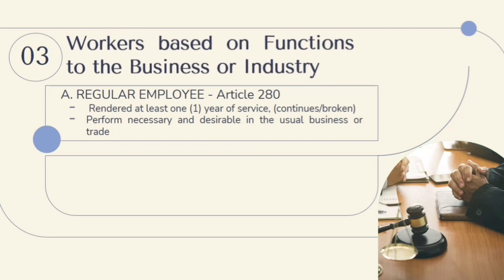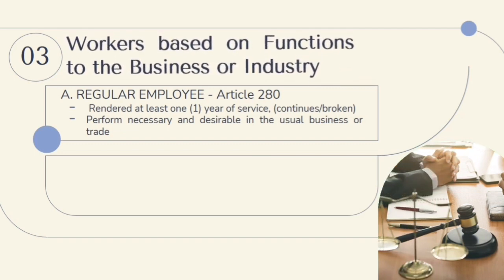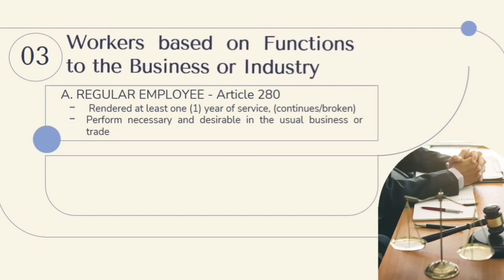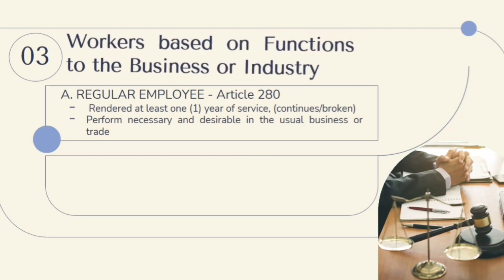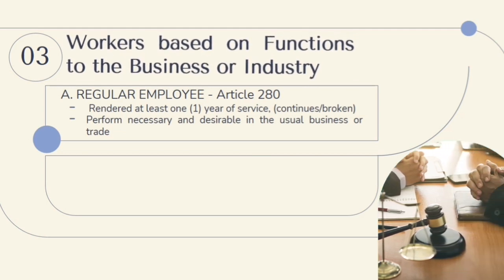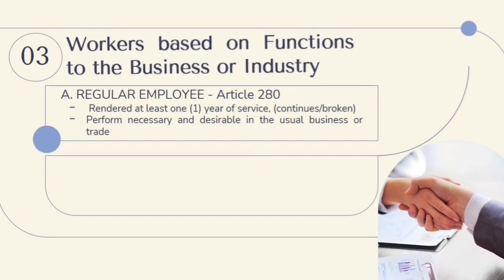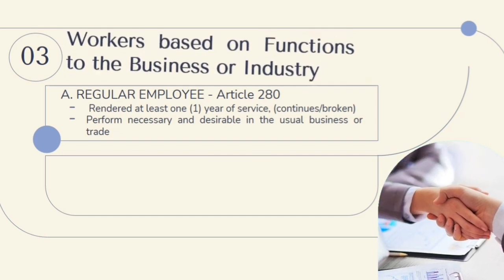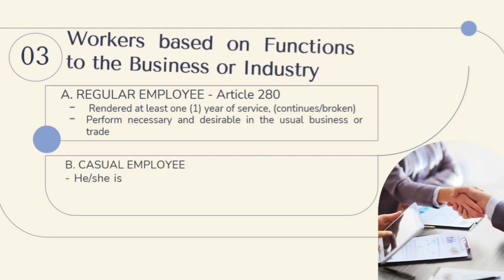In addition, class, regular employees are those employees whose employment is reasonably expected to continue for longer than 2 years. Although such employment may be terminated earlier by action on the part of the company or on the part of the employee. Then we have the casual employee.